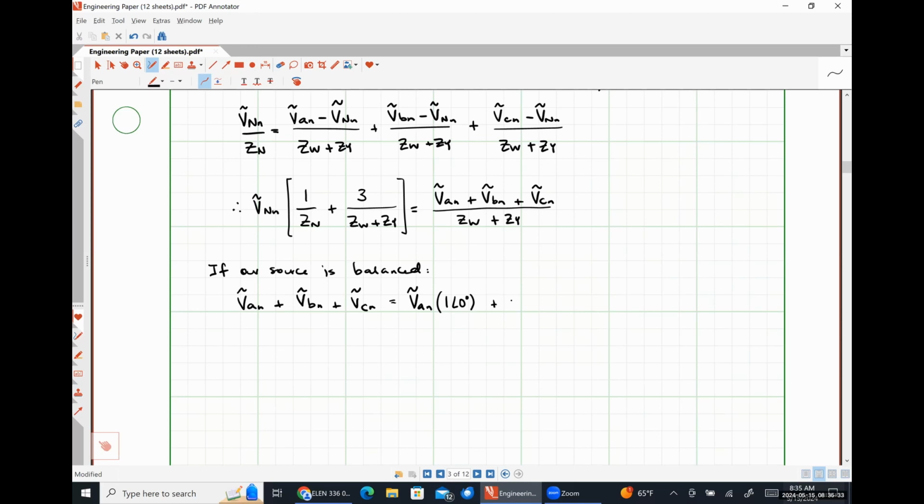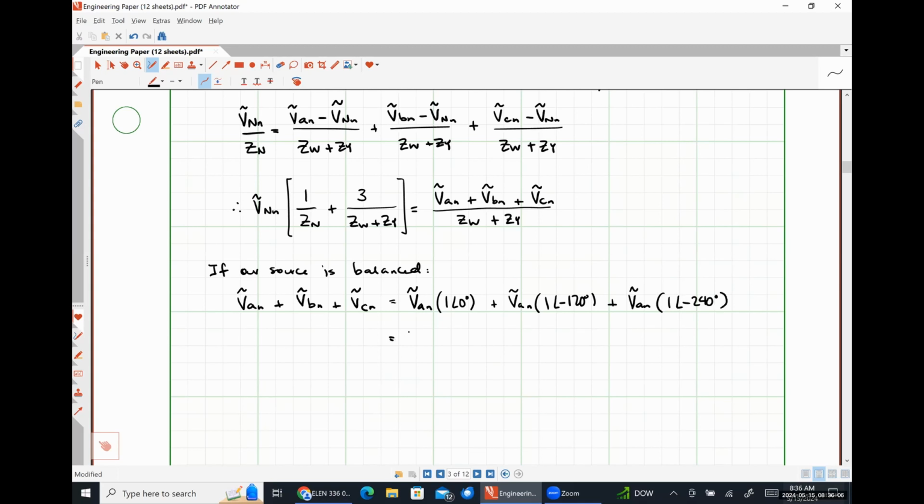VBN could be expressed as VAN times 1 angle negative 120 degrees, right? That would mean that our magnitude stays the same, but our phase angle changes by exactly negative 120 degrees, which is what we would expect for a balanced three-phase voltage source. And VCN could be expressed as VAN times 1 angle negative 240 degrees.